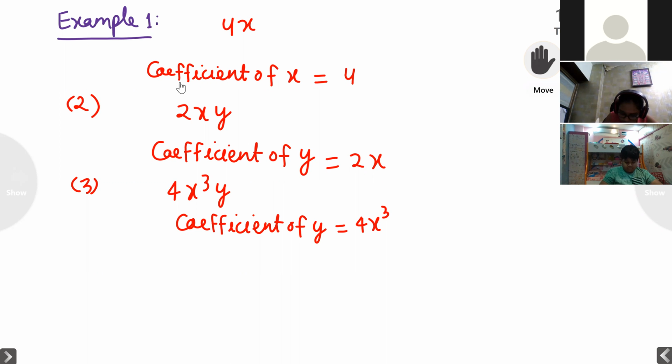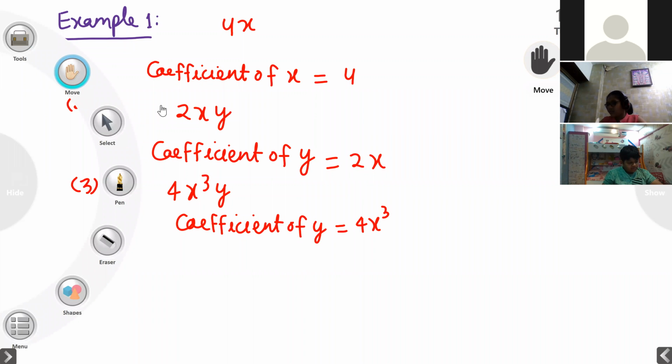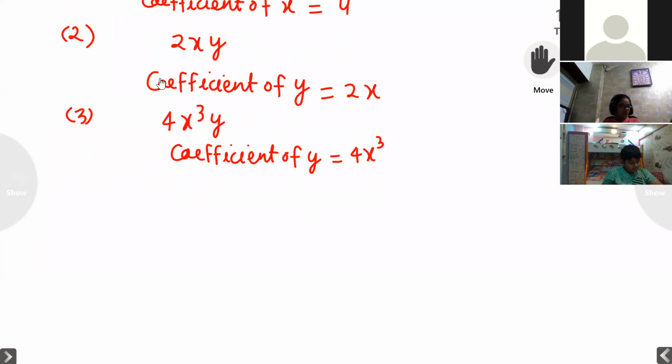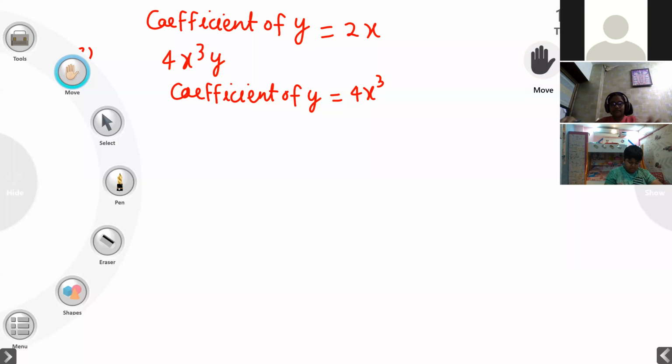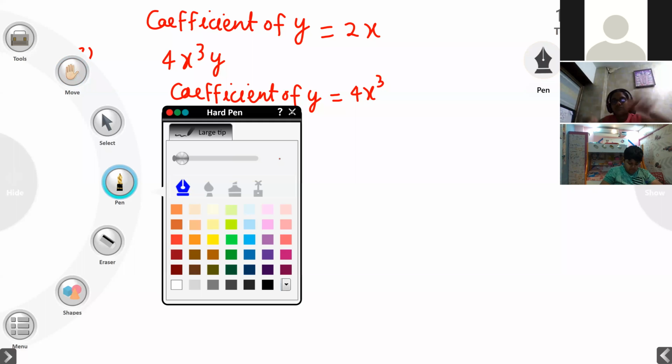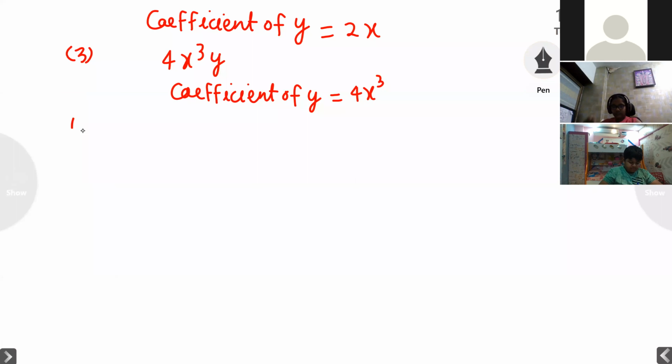Example 4. Write numerical coefficient and literal coefficient.